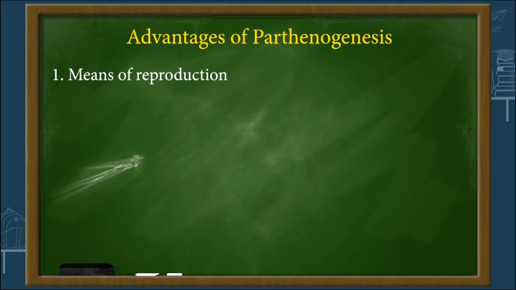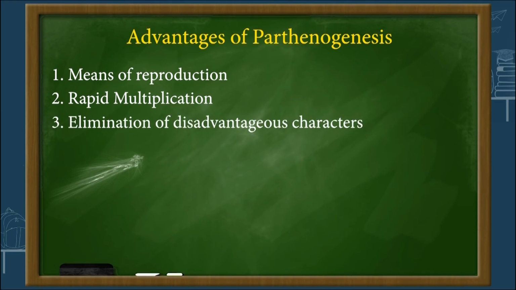Now, let us look at the advantages of this process of parthenogenesis. Number 1, means of reproduction. That means parthenogenesis is a simple method which ensures continuity of the race. Number 2, rapid multiplication. A large number of individuals can be reproduced within a short span of time, such as in aphids.